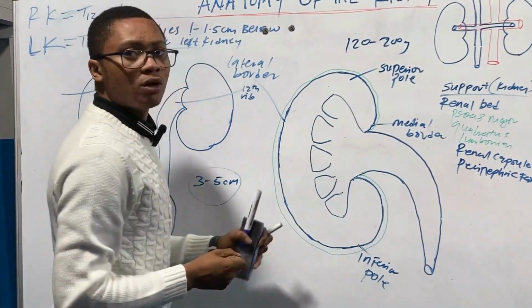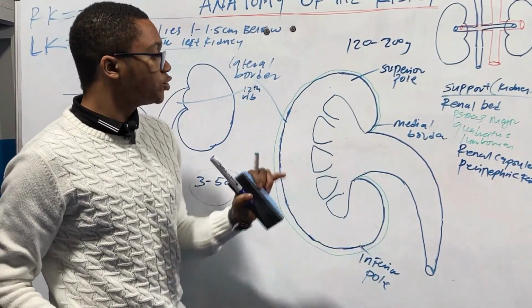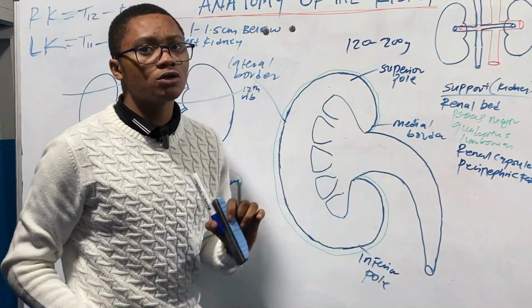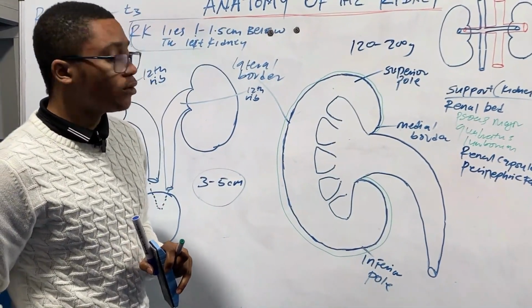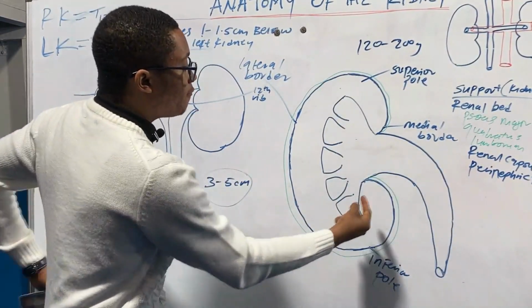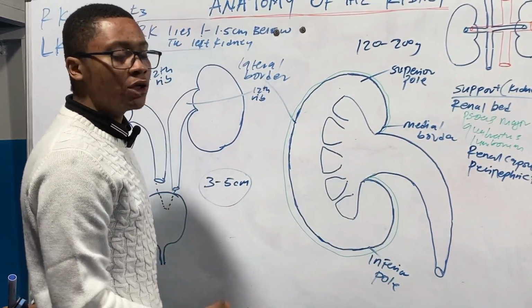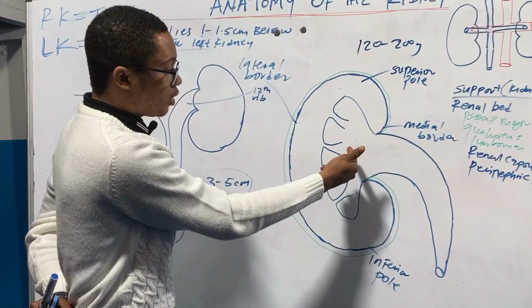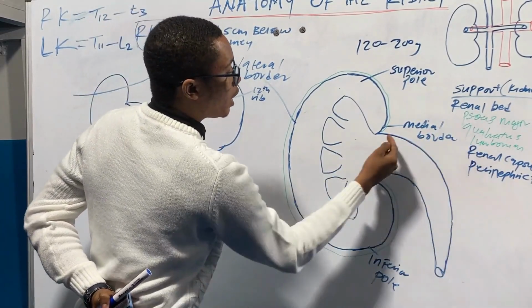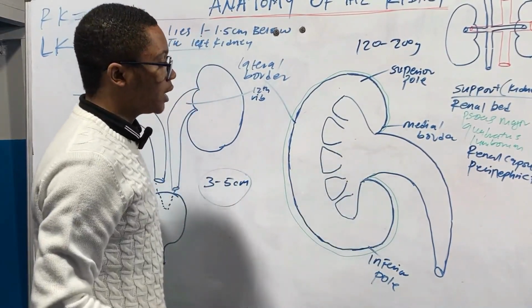It contains fat tissue, and also some lymphatic vessels and nerves. The perinephric fat invests into the renal sinus, so it continues with the fat in the renal sinus.